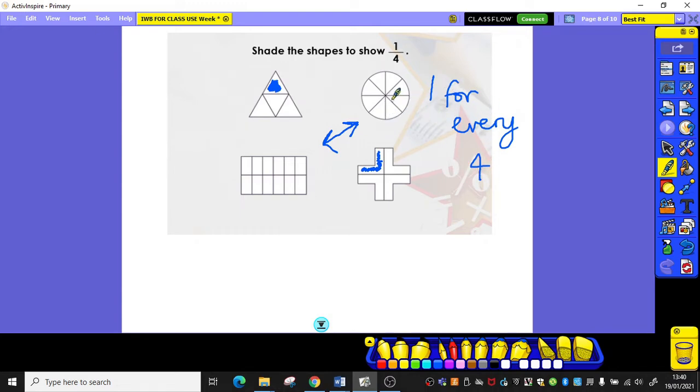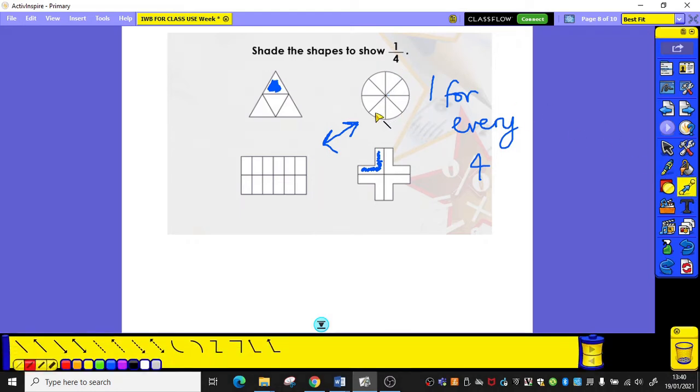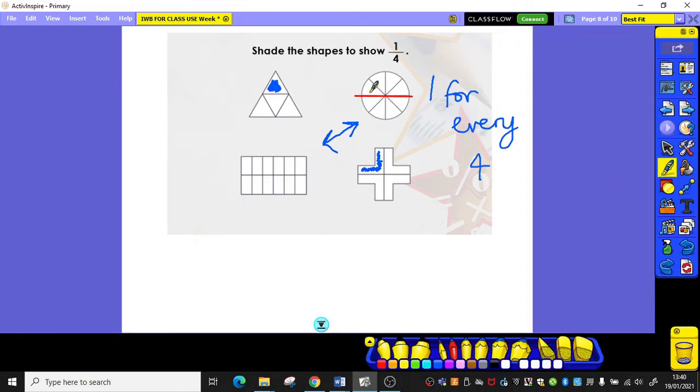So this shape has got 8 parts to it. Some of you have probably already worked out that 2/8 is what I need to colour, 2 pieces out of 8. But if you were struggling to see that, if you think of your shape in sections of 4, here I've got 4 sections, so this half of the shape has been cut into 4, so I would colour 1 for every 4, one of those 4 pieces.